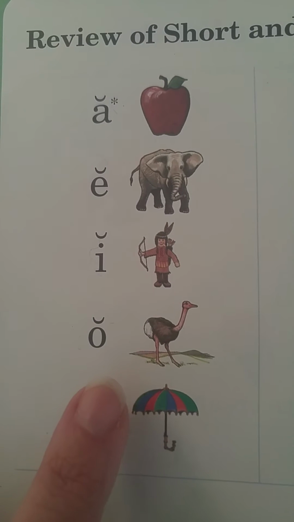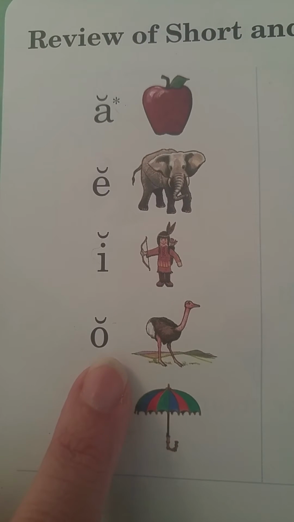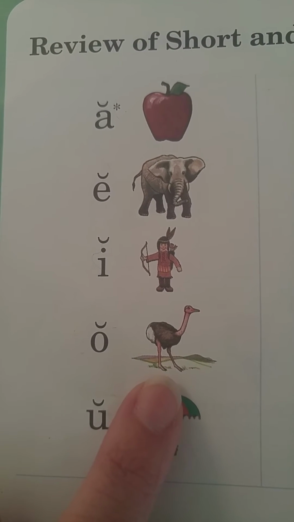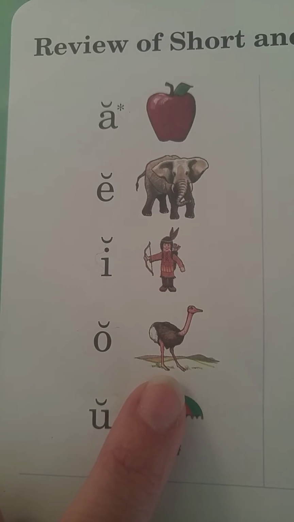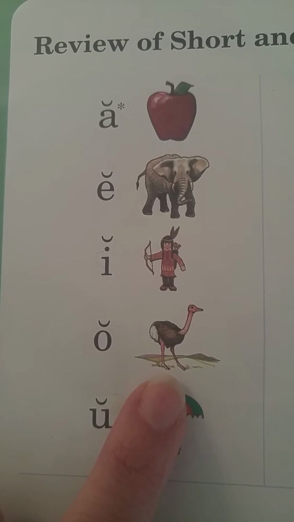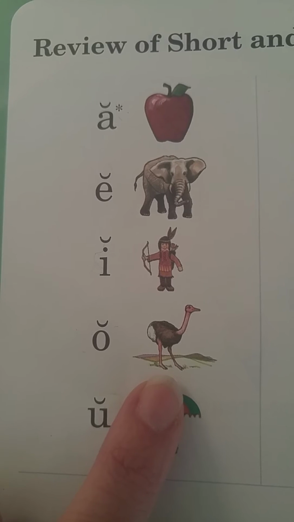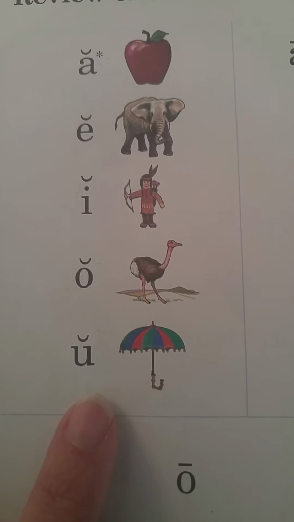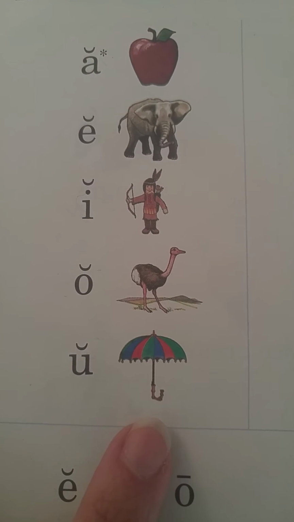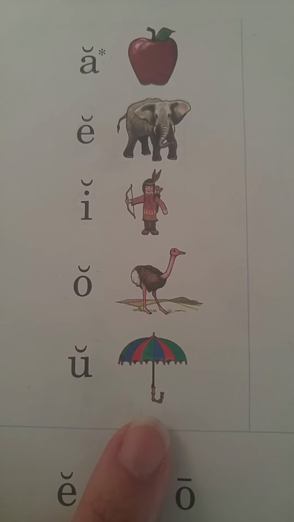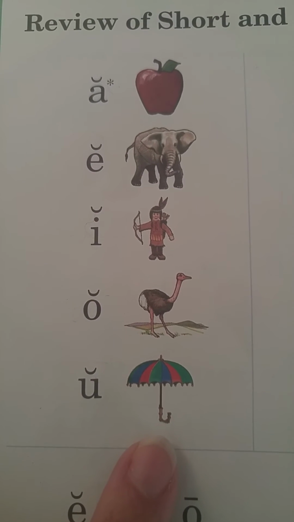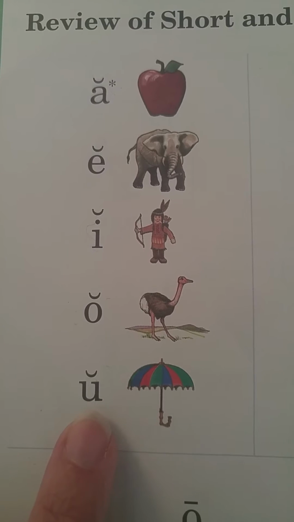It has the i sound at the beginning. O says o as in ostrich. Ostrich starts with an O. U says u as in umbrella. Umbrella starts with the short U sound.